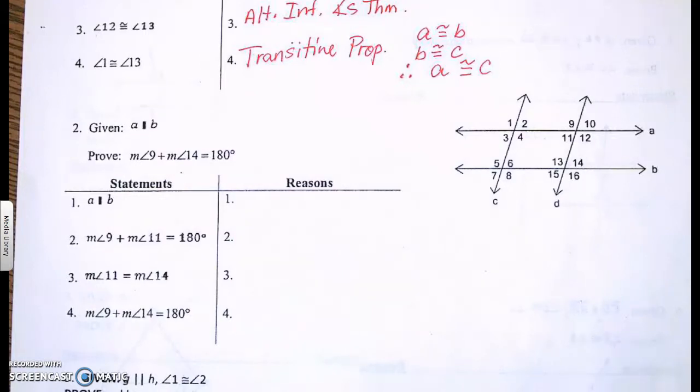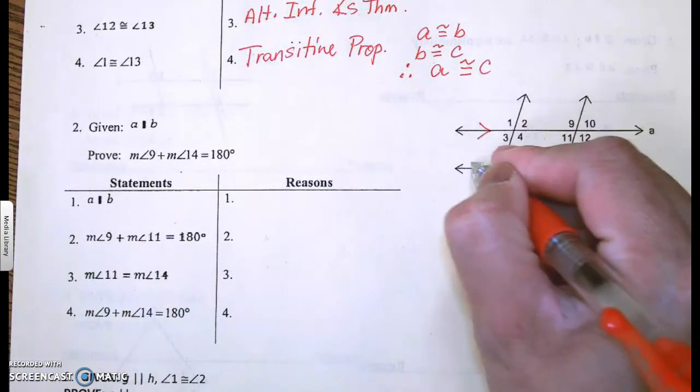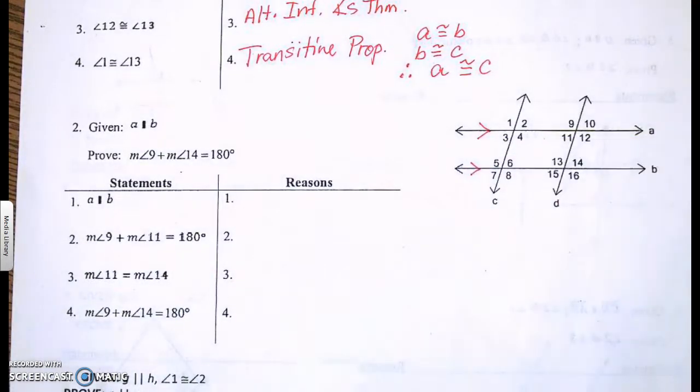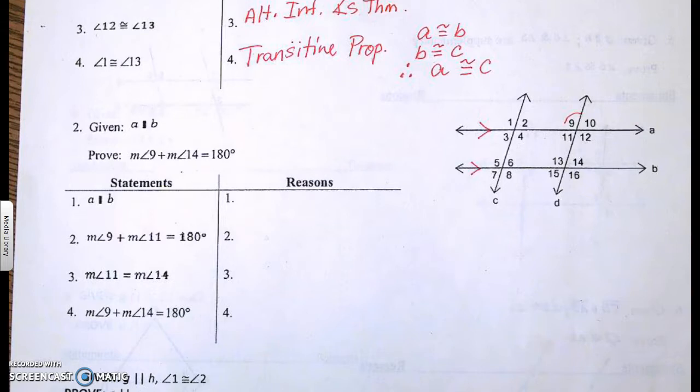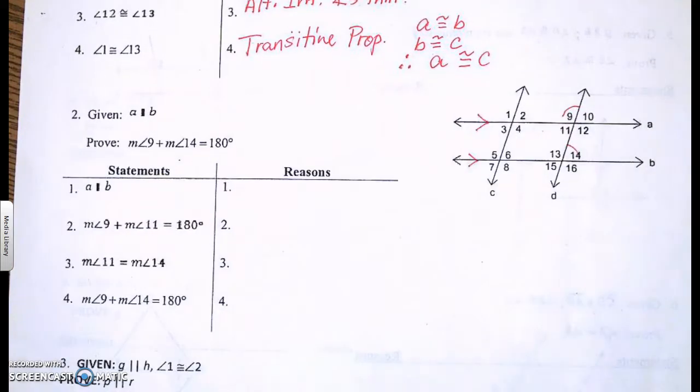Okay, for example number 2, given that line A is parallel to line B, we need to put our marks to indicate that they're parallel. You will have to prove that the measure of angle 9 plus the measure of angle 14 is going to equal 180 degrees.